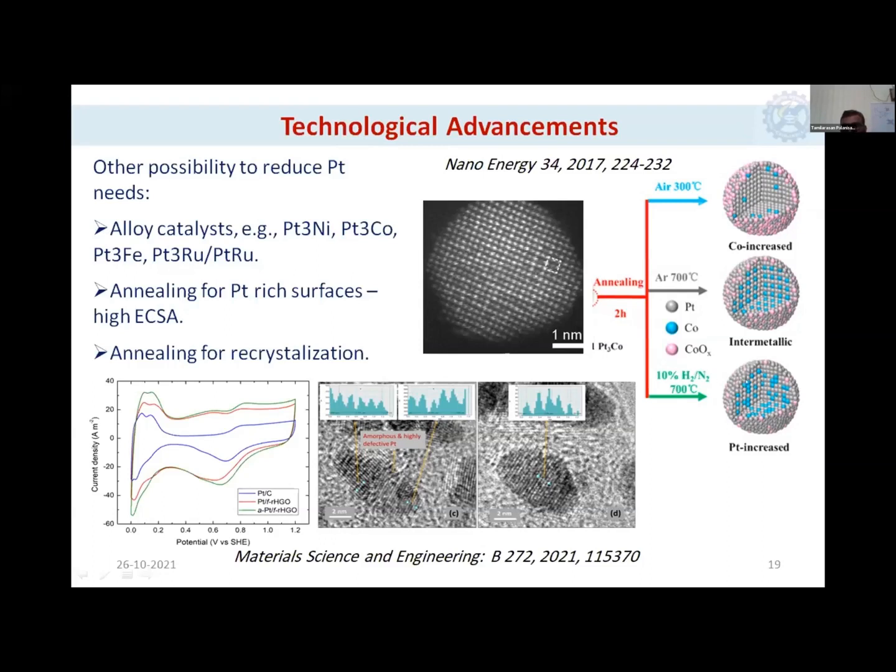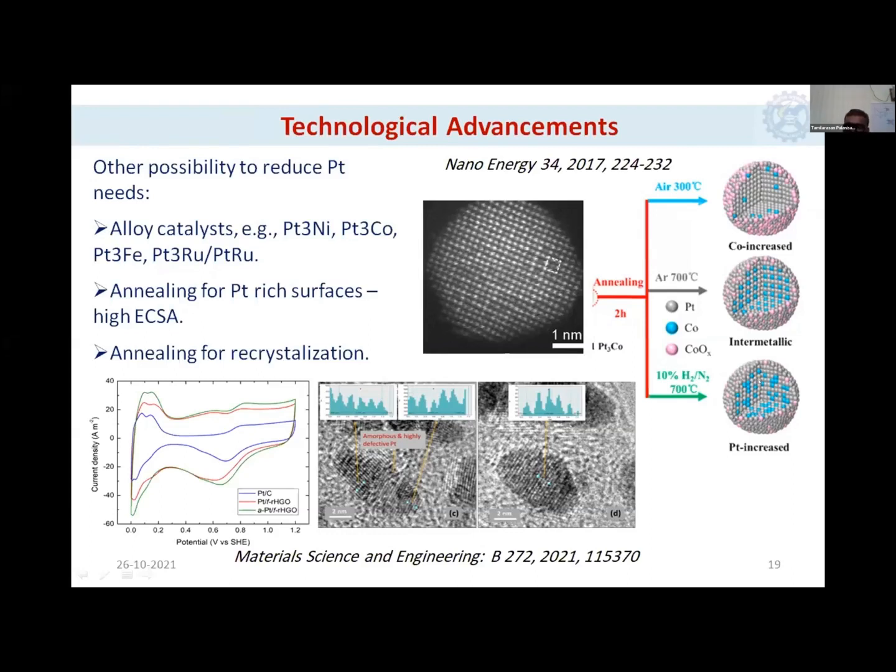Then they observed substantial accumulation of platinum on the surface, and the cobalt is completely accumulated inside the nanoparticle. So you are seeing more cobalt density here, but here it is almost 1 to 1.